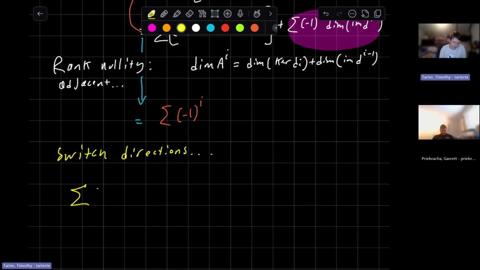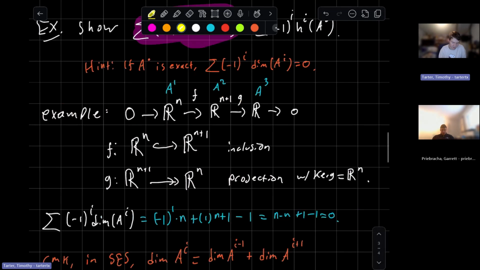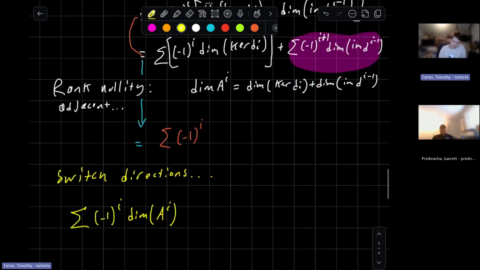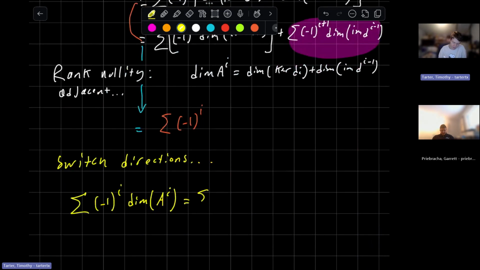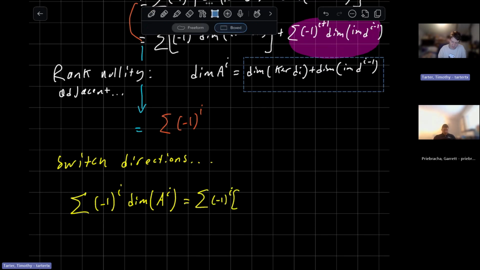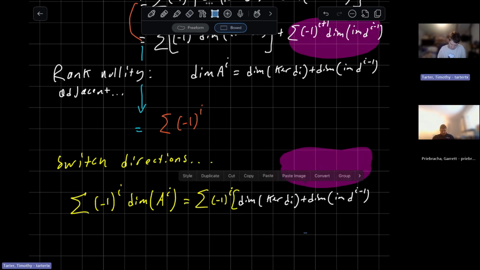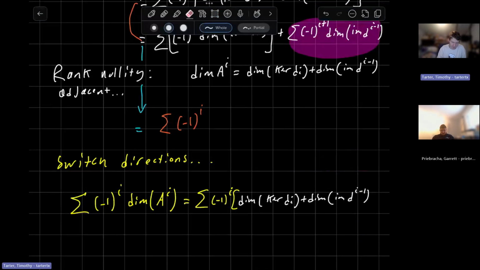So we want to start with the sum of (-1)^i dim A_i. I think that's correct. Well, this is equal to the sum of (-1)^i times the dimension of the kernel and the image.